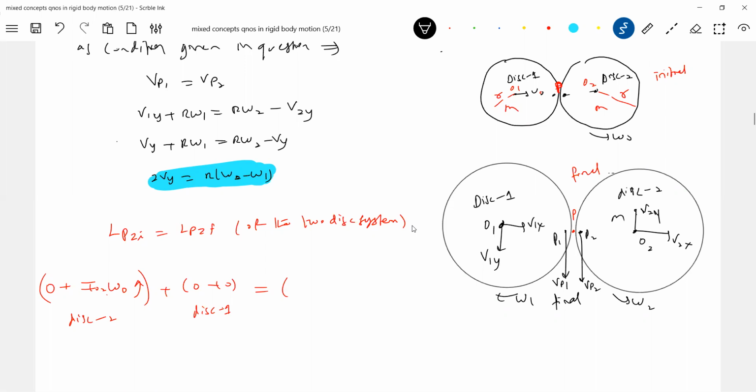I'll give the directions, okay? M V2y r, small r. And then due to rotating motion, I O2 omega 2. This is for this disk 2. Plus this one will be M V1y small r. What about that angular momentum? It will be like this.